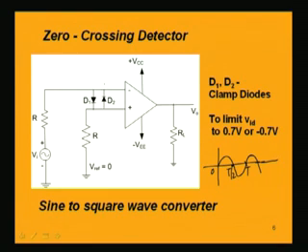The reason for connecting these diodes is to limit the input difference voltage given to the op amp, because if Vi is very large, that may damage the op amp. So, in order to limit the input voltage, we are connecting these two diodes.